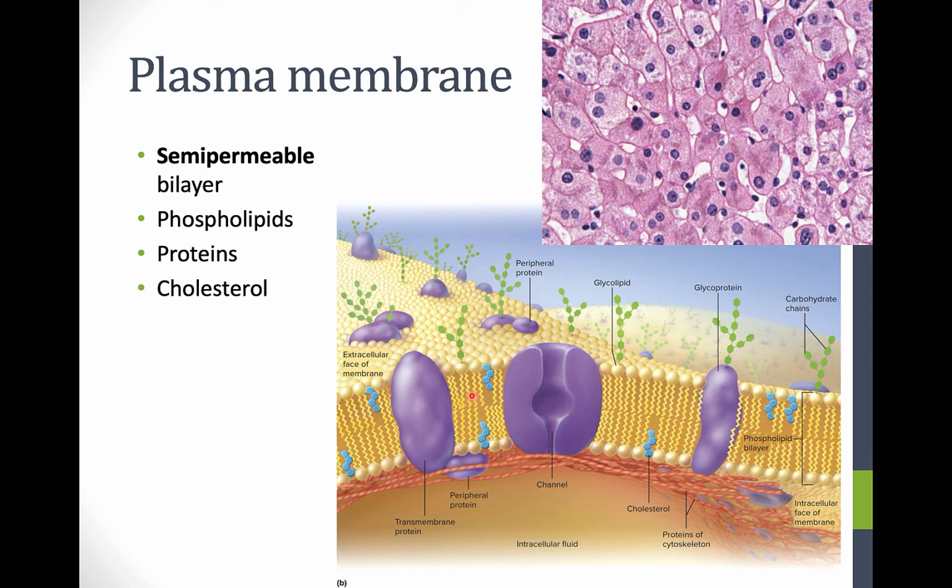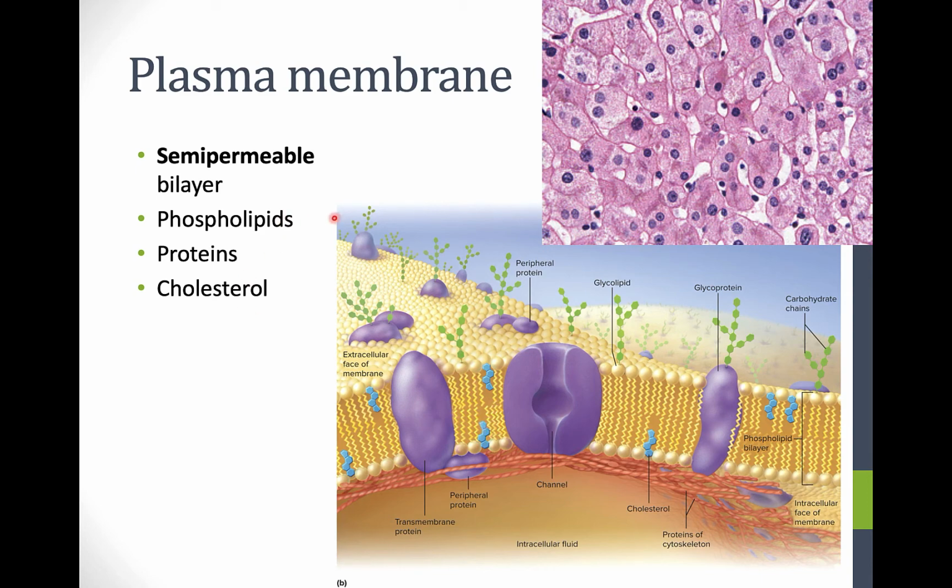Between those, in this little border region, there's no water. This is more of an oily substance, actually. So the areas that like water orient towards the water on the outside and the inside. And the regions that don't like water spend time in here, where it's hydrophobic.